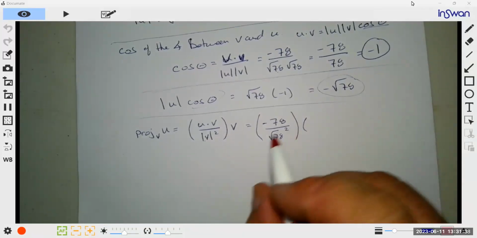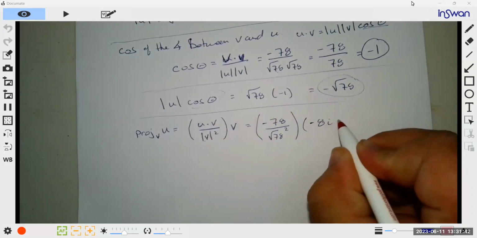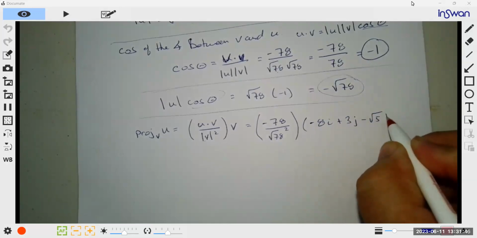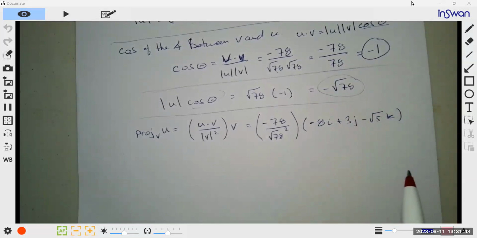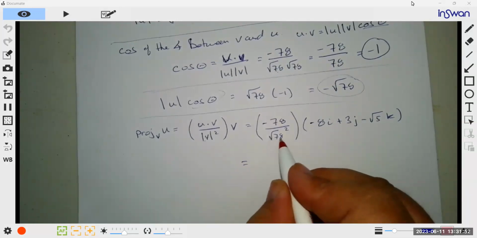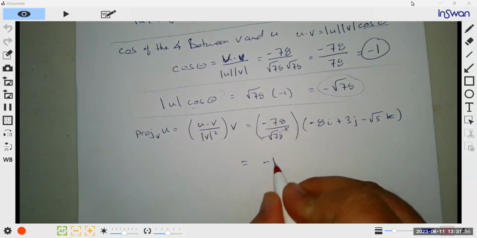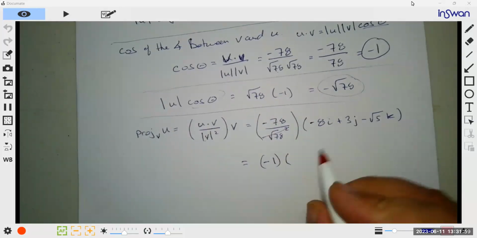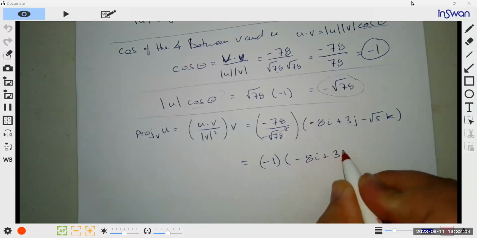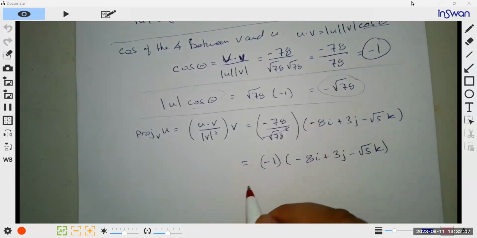And the vector v is negative 8i plus 3j minus radical 5k. That's from the original given part. Radical 78 squared is simply 78, so the coefficient is negative 1. So just change all the signs.